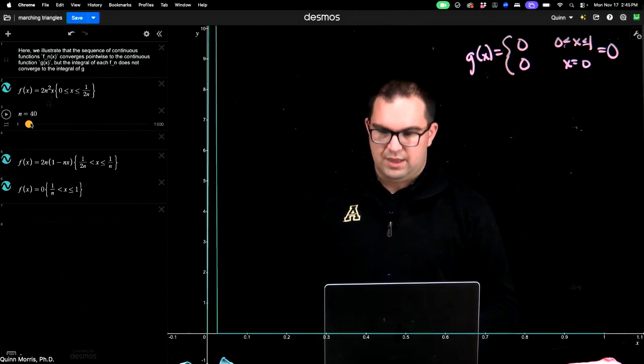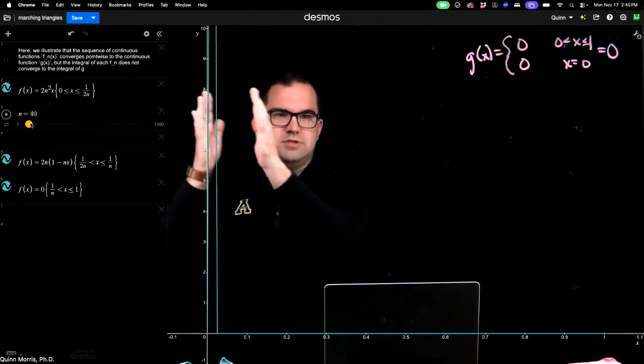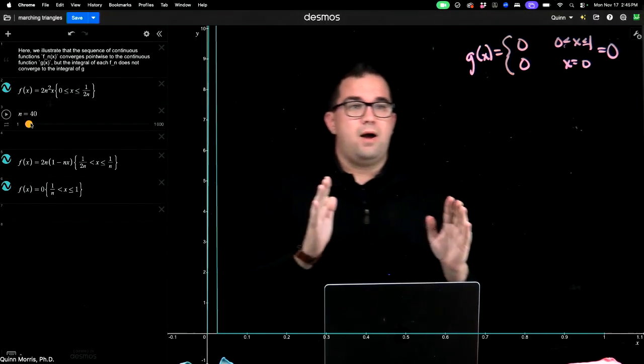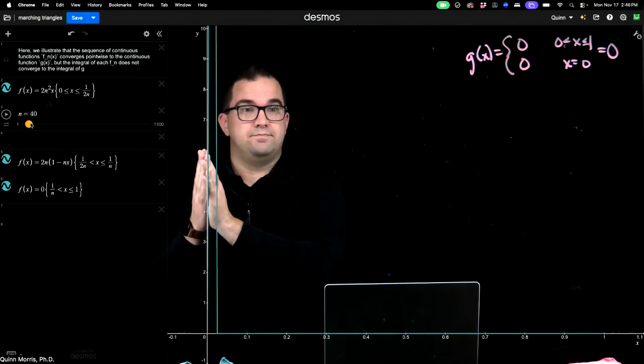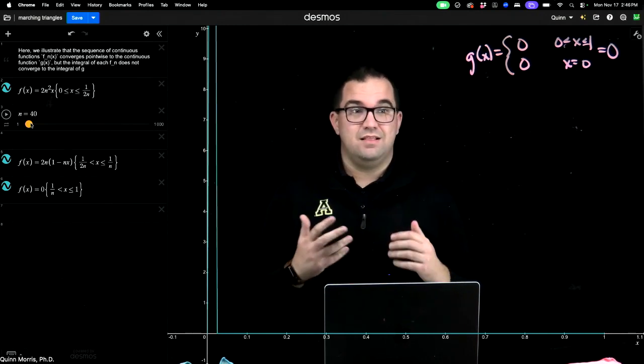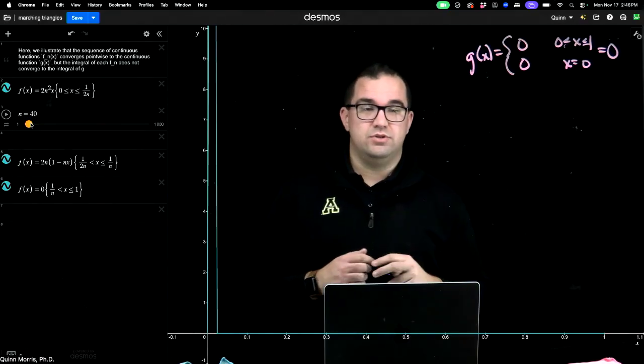Because it feels like with these larger and larger triangles, the function values must be getting larger. The problem is that the places where it's getting larger are disappearing. And so in fact, in the limit, this is just limiting to the 0 function.